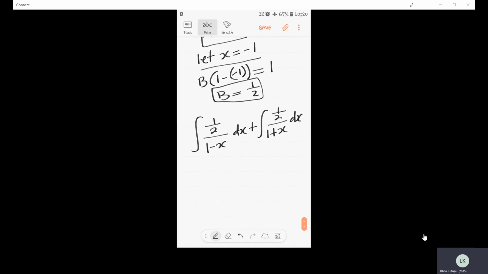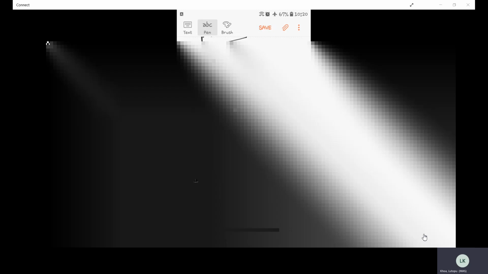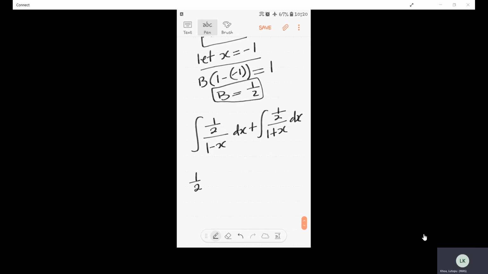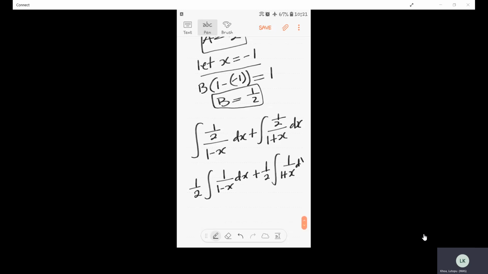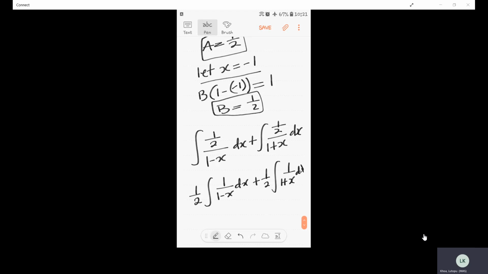So we integrate this. This is half integral of 1 over 1 minus x dx plus half the integral of 1 over 1 plus x dx.